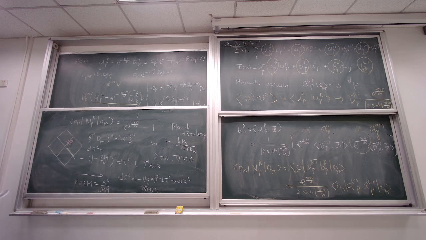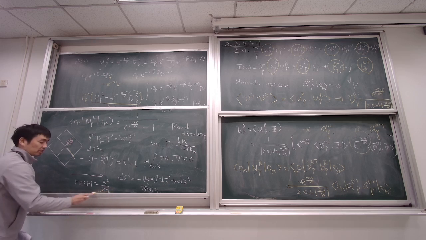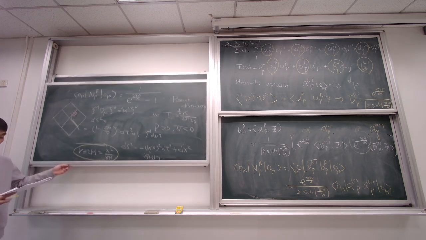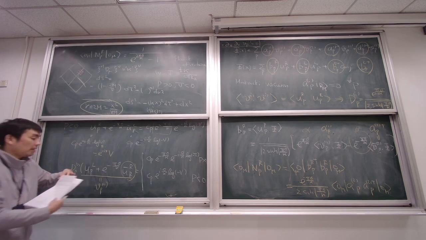So if you zoom into the near horizon limit of the Schwarzschild like this way, the metric becomes like a Rindler metric. So therefore, we expect there is something thermal going on even in the Schwarzschild black hole. Okay? So that's the expectation.